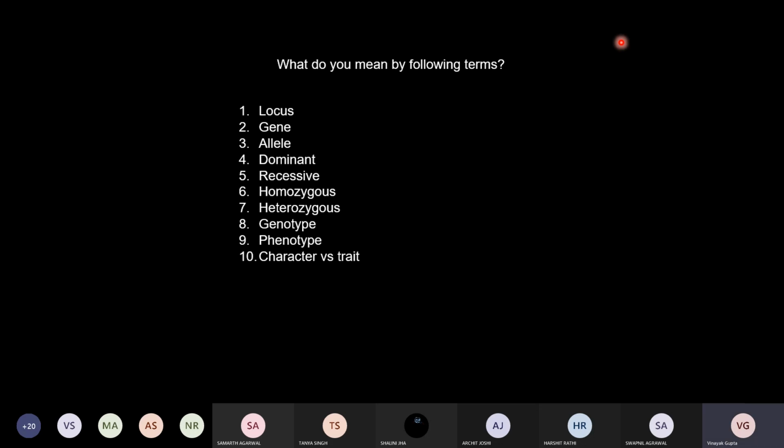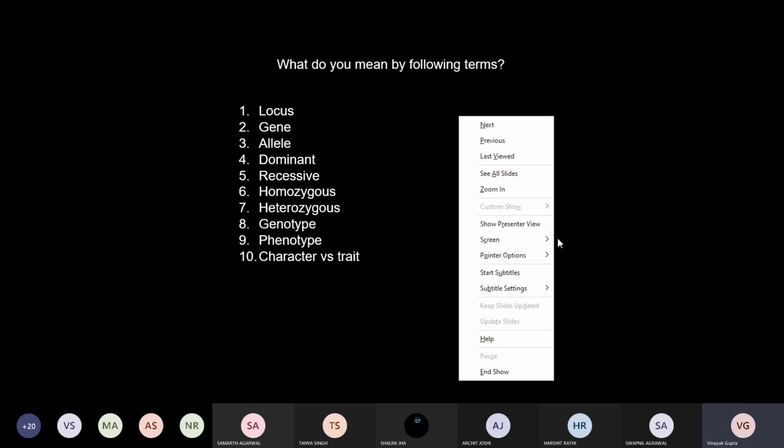You have to be very clear with these 10 terms, because these terms are going to be used in each and every lecture, especially numericals. If you know the meaning of these 10 terms, then you will be able to solve even the most difficult numerical problems. The first term here is genetic locus. Locus, gene, allele. I will have a white screen, then I will try to explain.